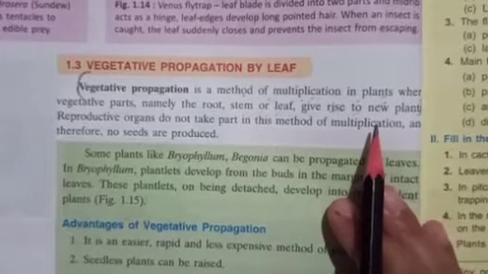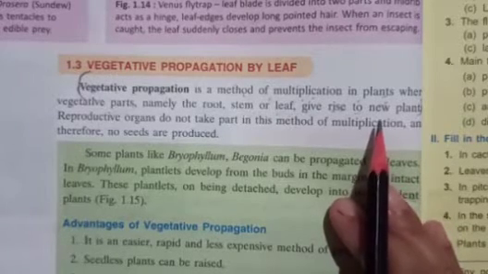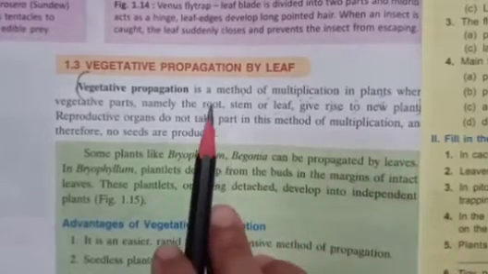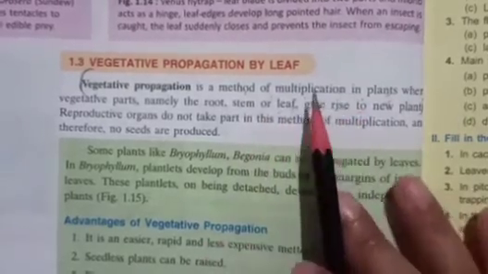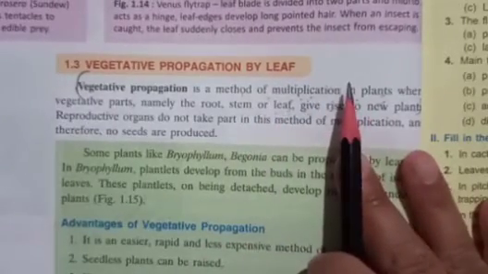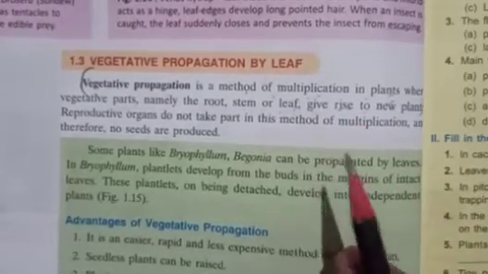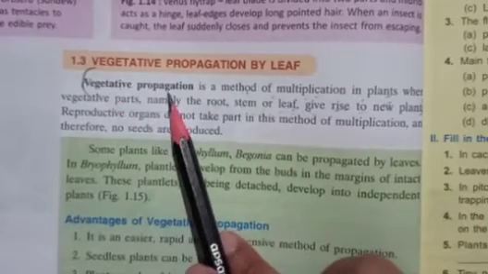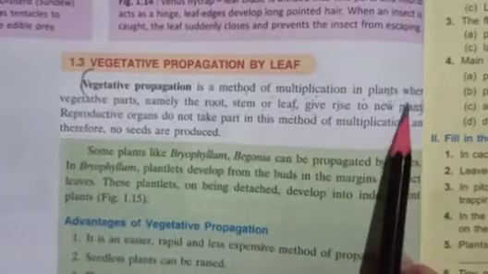But there are some plants that grow from parts of the plant, like root, stem or leaf. This method where plants grow from root, stem or leaf is known as vegetative propagation. Got it? So you can write the answer from here till here.